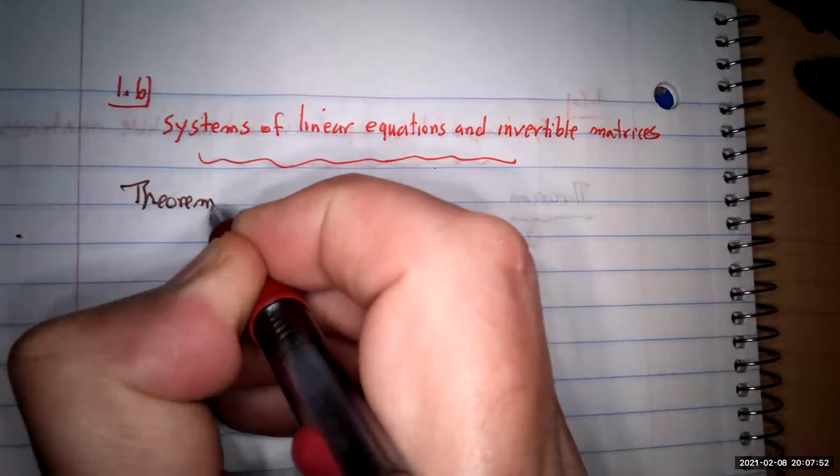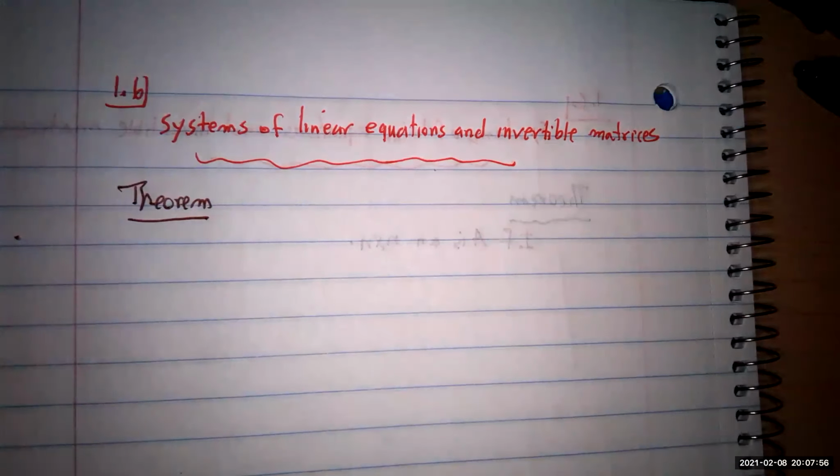Basically, we are going to use this interesting and easy theorem, because we change the system of equations into the matrix equation. So how are we going to solve that matrix equation?